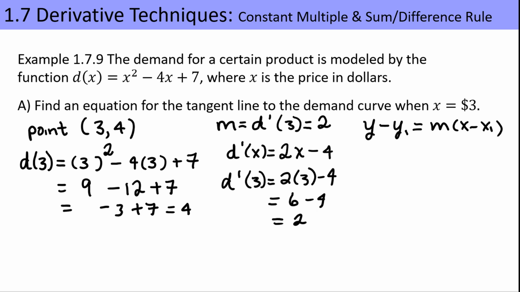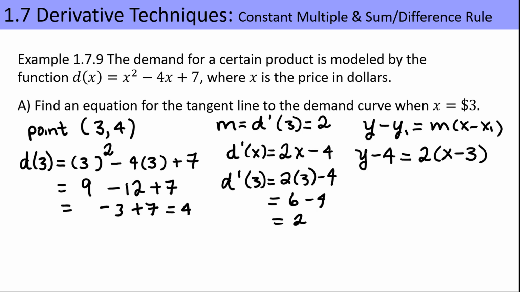Then, replacing the parts, we would have y minus y1, the function value, which we computed as 4, is equal to m, the slope, which we computed as 2, times x minus x1, which was given in the statement of the problem as 3.